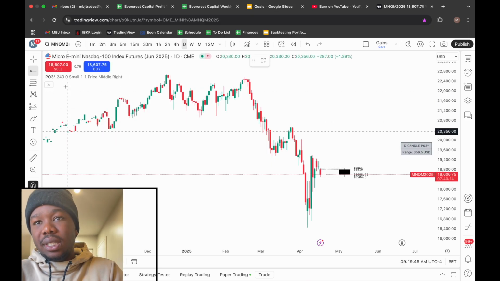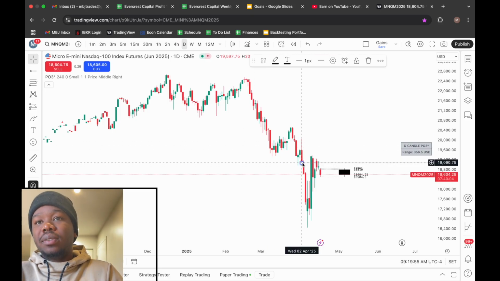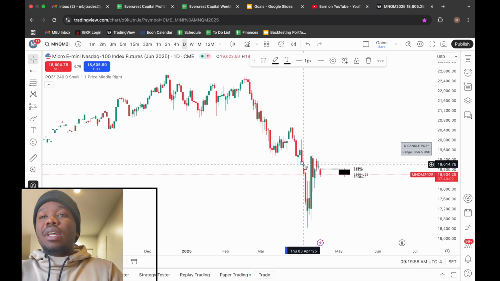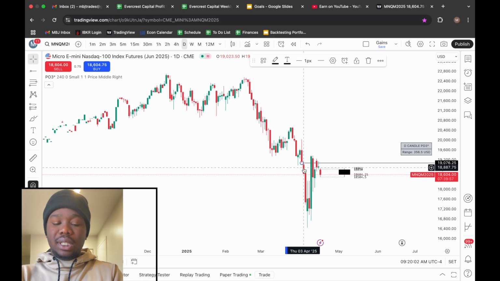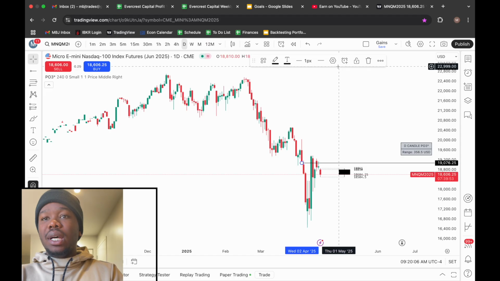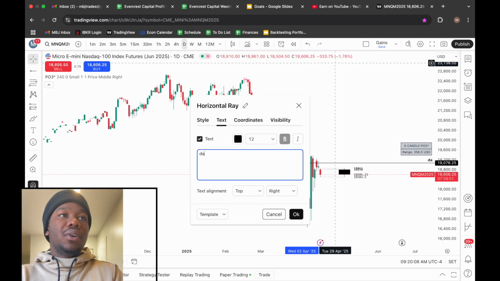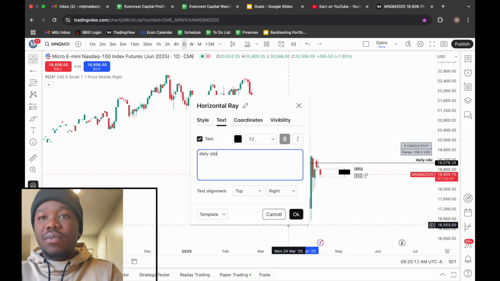Anyway, so I'll take this line tool and I'll draw the top of this daily sell side inefficiency. Then I mark it out, daily city, because since I'm going on the 1 minute chart, I need to know or label what these items are, so I don't have to keep switching back and forth.